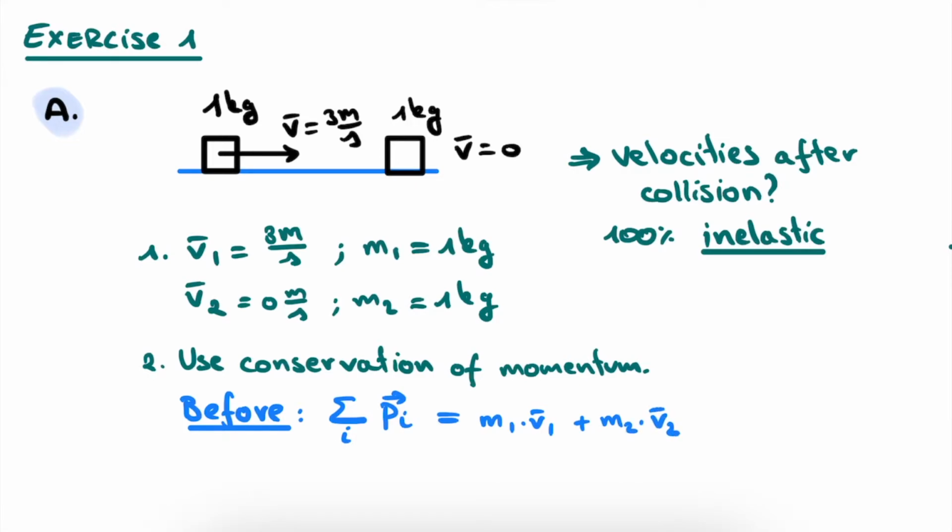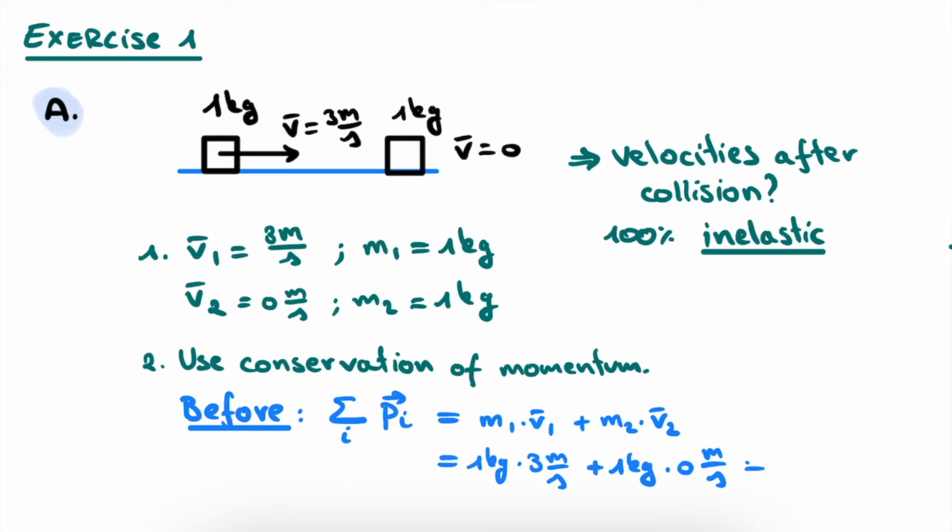And these are the initial quantities, which are of course given right here. So we can fill this in right away. m1 is 1 kilogram, v1 is 3 meters per second. And note here that since the object is moving to the right, we have a positive momentum, so a plus sign, plus m2 is also 1 kilogram, but v2 is 0 meters per second.